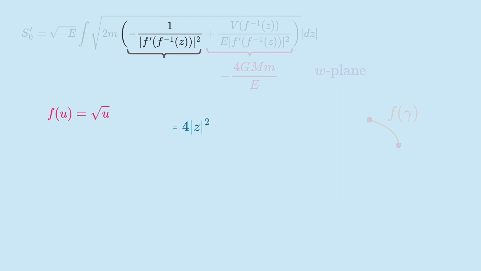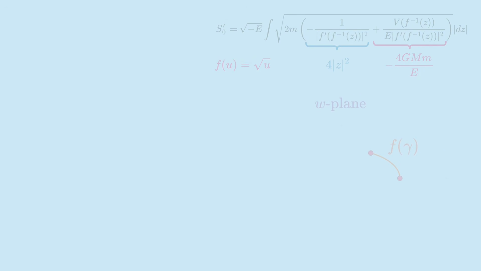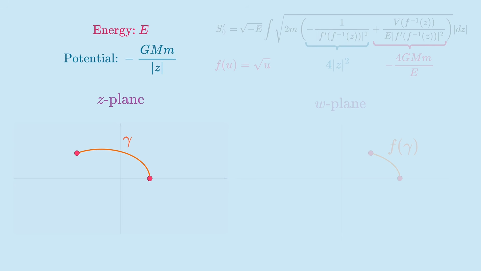Let's take a step back and see what we have done so far. Originally, we had a physical trajectory gamma on the z-plane with total energy E and potential inversely proportional to the modulus of z.